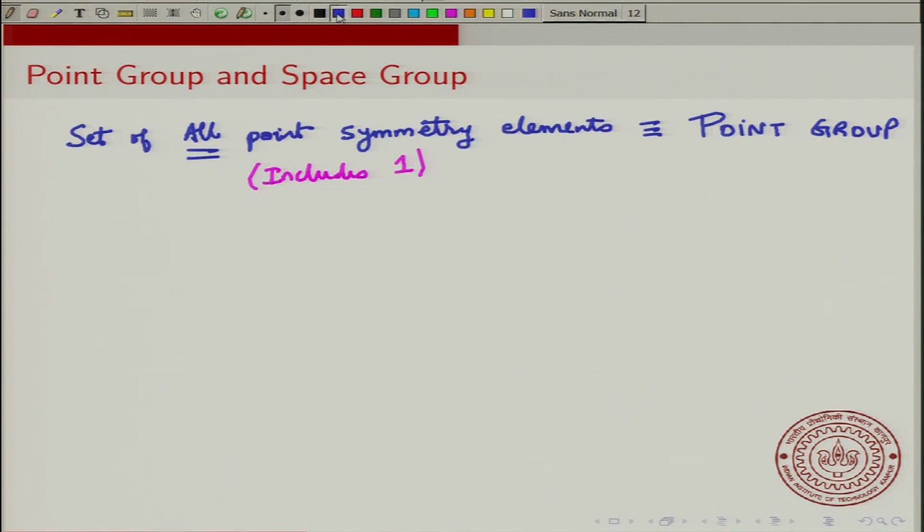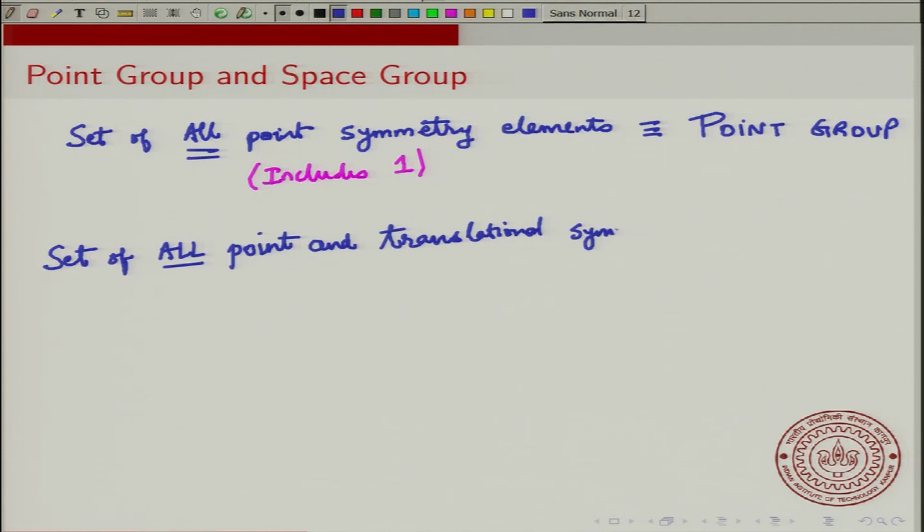And the set of all point and translational symmetry elements is called a space group.